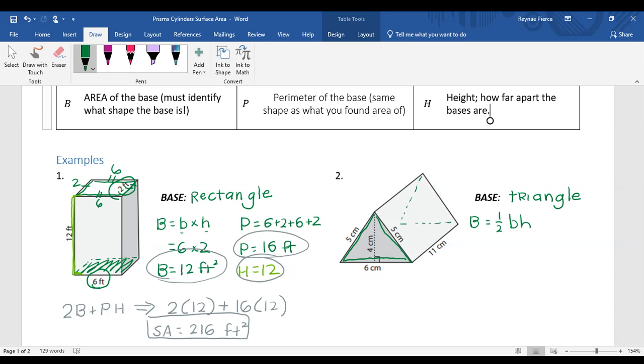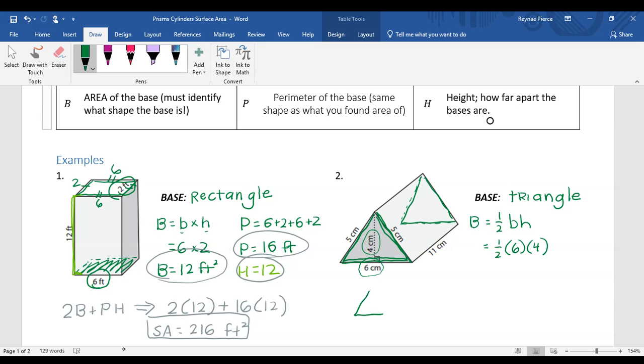Now remember, the lowercase b, lowercase h, we are only going to be pulling numbers from one of the bases. Okay, now that back base doesn't have any numbers on it, so we can ignore it. But the base of our triangle is 6. The height of our triangle is 4. So those are our two numbers that we're going to use to find the area of the triangle.